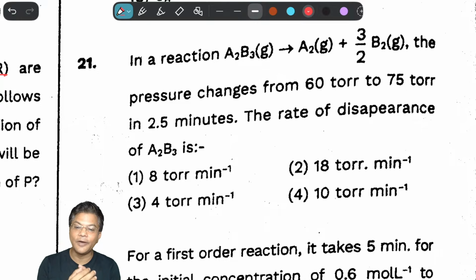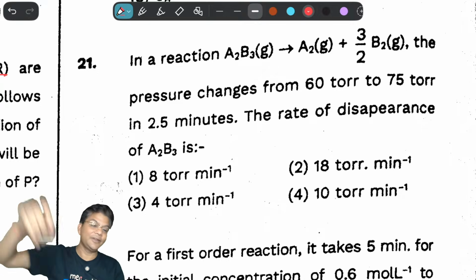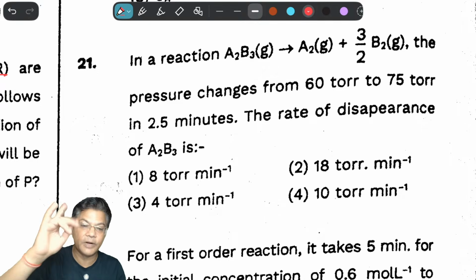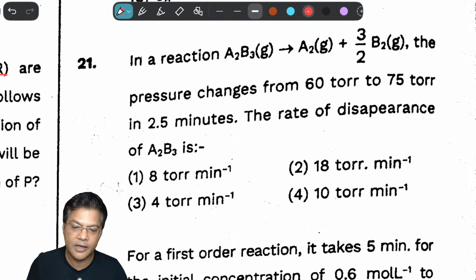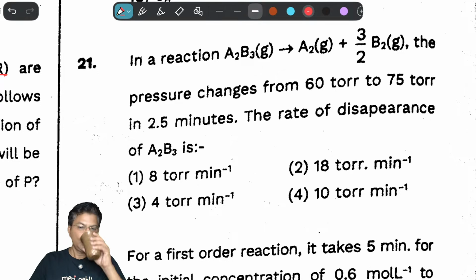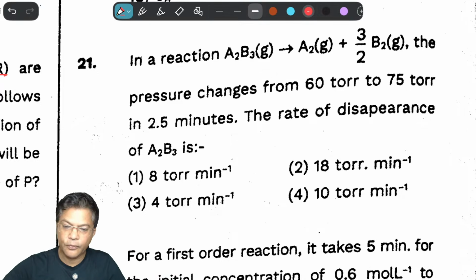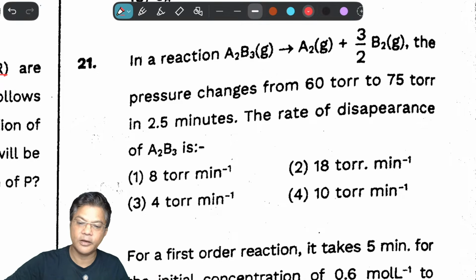Kingsman for 25, rest of others going for 50. So Kingsman, you also 50? 50, everyone 50. So we will do 50, but increase the speed. Fast, quick, kids, quick.